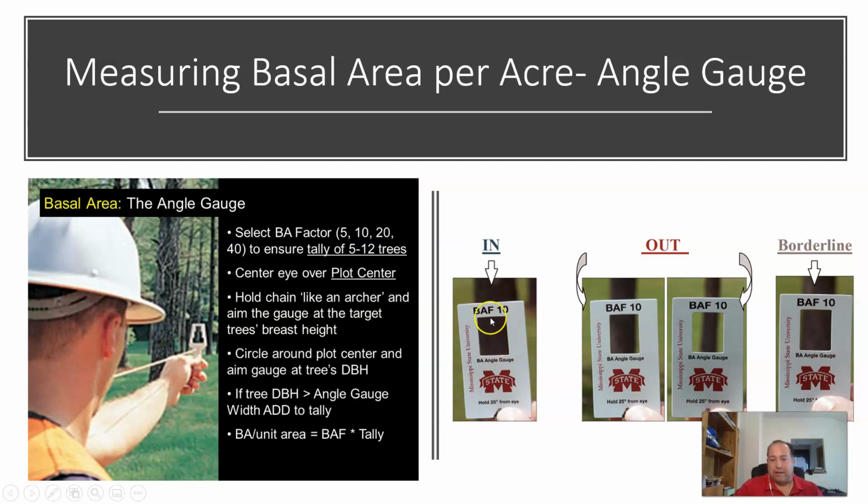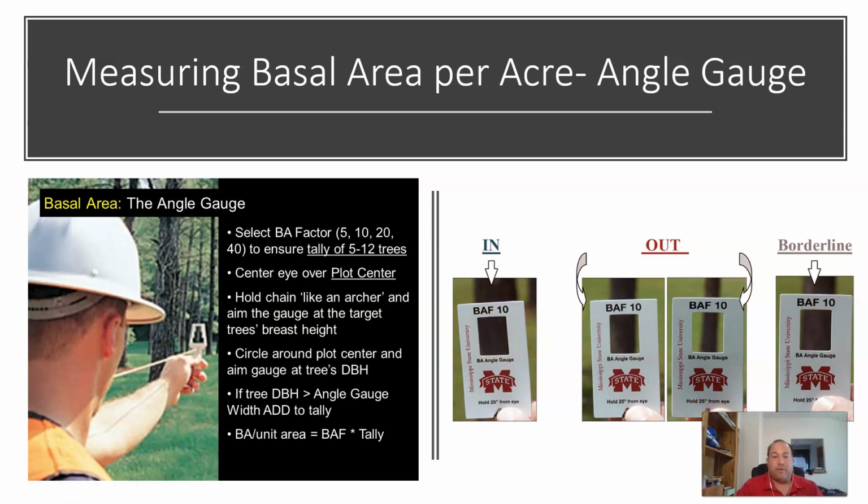This one is in because it fills up the hole on this piece of paper. This one is out because I can see that it doesn't fill up the hole. That's definitely out. This one, if I'm not totally sure, or one of the edges might be on it, we call it borderline, and we have to have some process to say whether it's in or out.